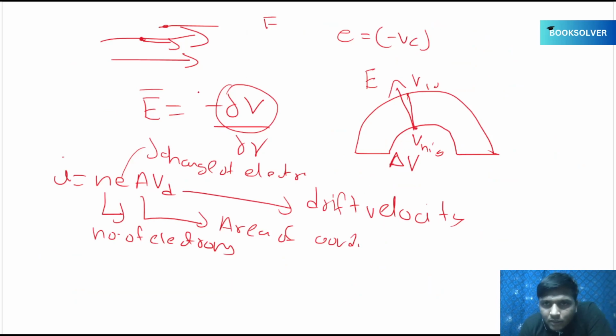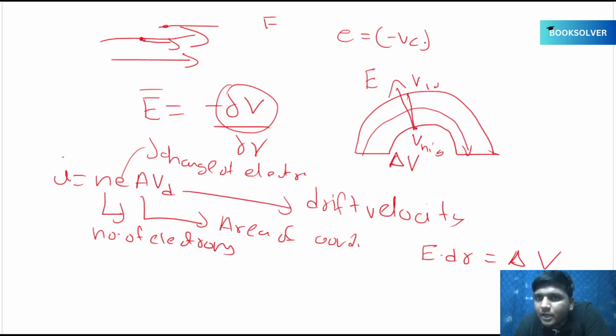As I told you, E is equal to minus del V by del R. So we can write that E dot dr is equal to delta V. And I have also told you that the electrons are feeling a centripetal force, and the speed of an electron here is nothing but the drift velocity.